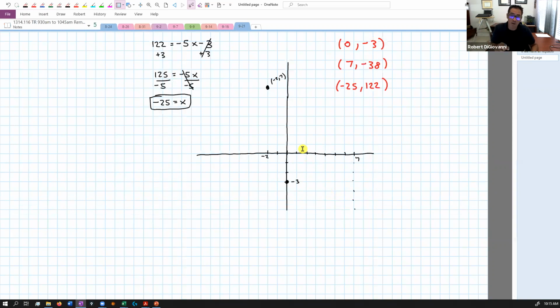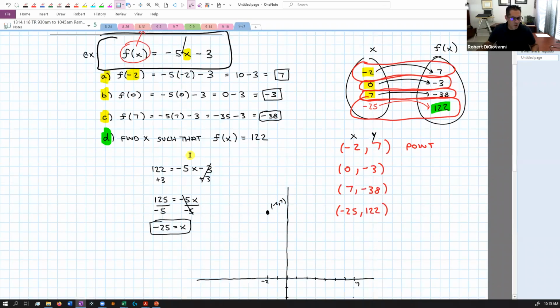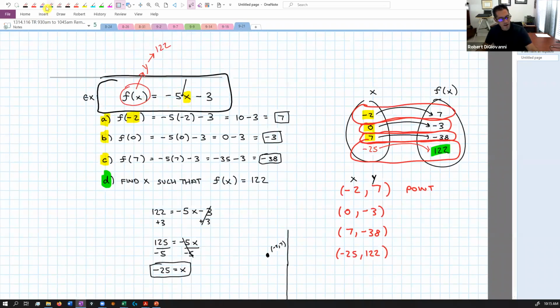Now, for this problem, do we know what it looks like? If we were to try and connect these dots together, is it a straight line? I think it would be. Yeah, it would be, because remember where this comes from. We could have rewritten it back the way we started, replacing the f of x with y equals negative 5x minus 3, right?